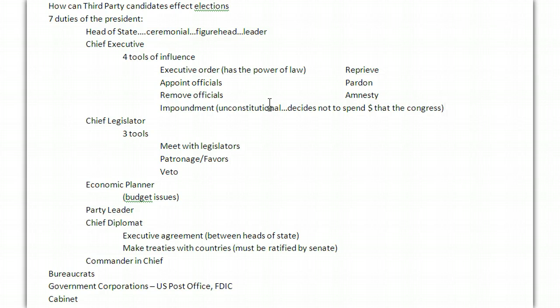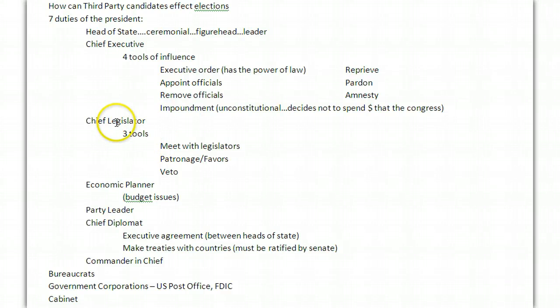So if the Congress votes to build a bridge, and the president doesn't want to build the bridge, he just doesn't make the orders or order the money to be spent, which the Supreme Court has ruled as unconstitutional. The president has the constitutional responsibility to execute the laws as Congress has passed them. Okay, so that's something that has been tried in the past, but presidents aren't able to control the purse strings.